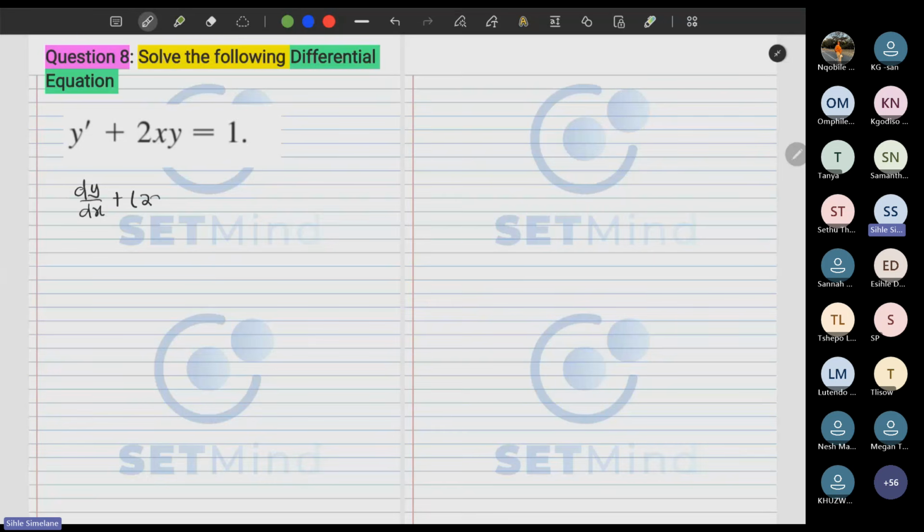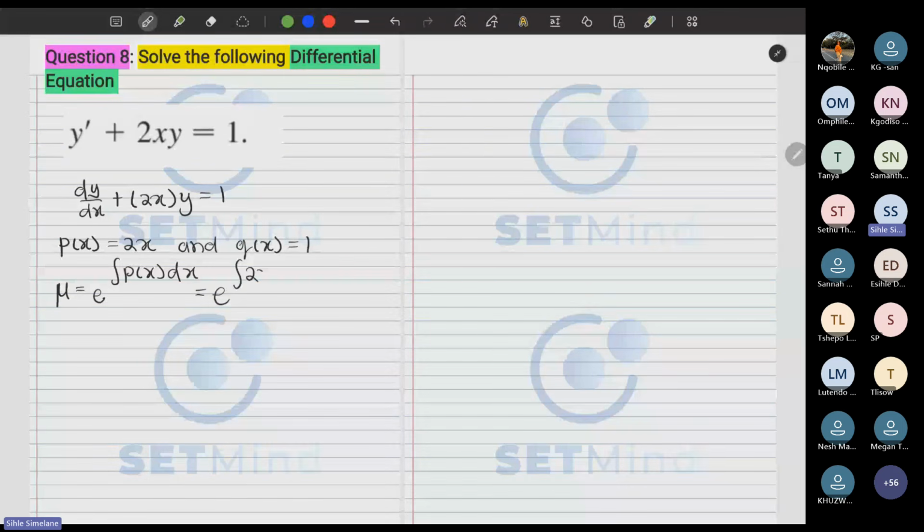Looking at this, I can tell that our p of x will be 2x and our q of x will be 1. So next, I'm going to find my integration factor, which is e to the integral of p of x dx, which is e to the integral of 2x dx, which will end up giving me an answer of e to the power of x squared.